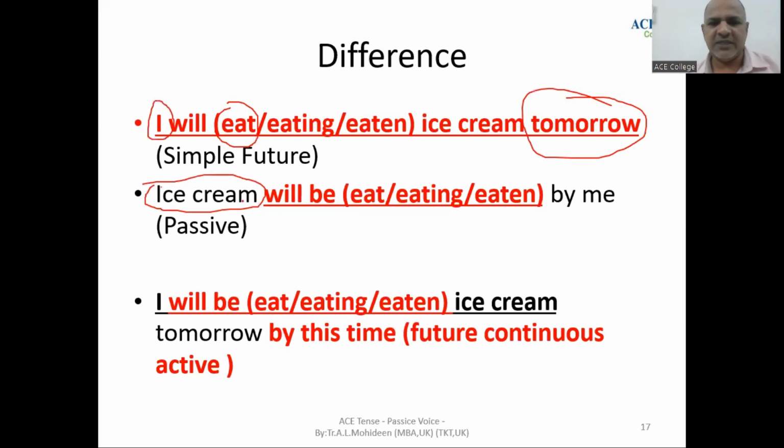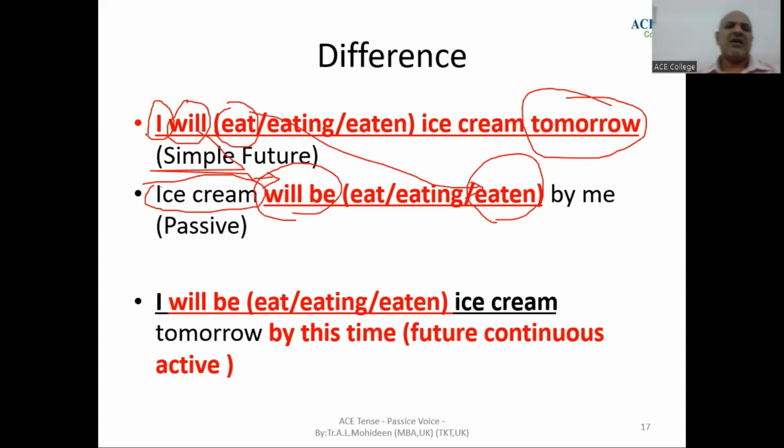Ice cream will be eaten by. Now, look at this: will is converted into will be. Ice cream will be then eaten. Here eat becomes eaten. This is the difference. I will eat ice cream tomorrow. Ice cream will be eaten tomorrow.